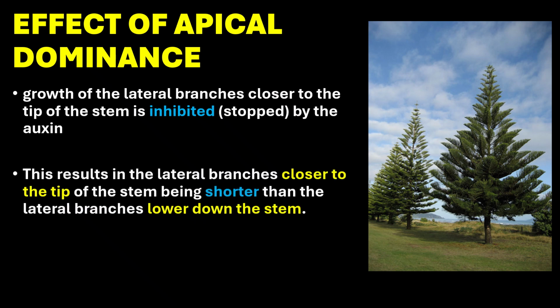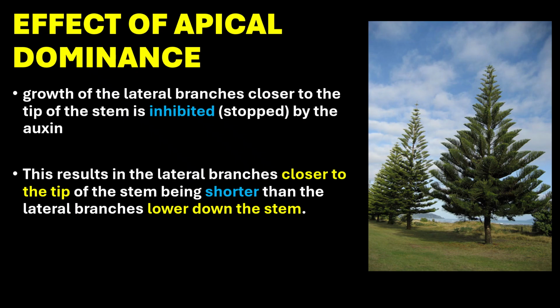Now, this will cause the lateral branches closer to the tip of the stem to appear shorter than the lateral branches lower on the stem. So that is what I was showing here. There is a tip, what is called the apex. The amount of auxin here is lower than the amount of auxin here, because the auxin flows like liquid. It flows down under gravity.